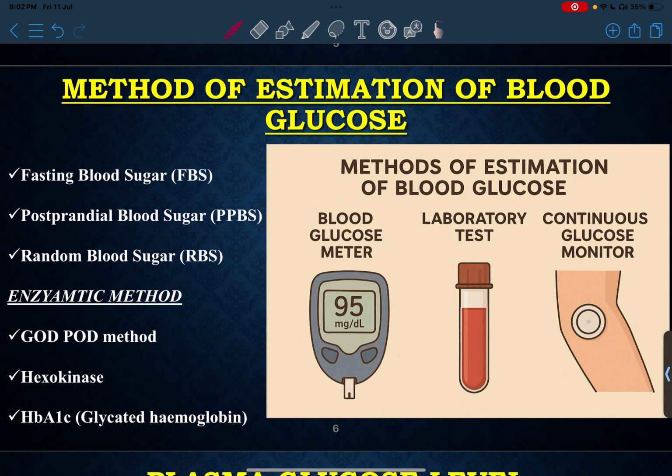So what are the methods of estimation of blood glucose? There are many methods, like fasting blood glucose. The normal level of fasting blood glucose is 70 to 100 milligram per deciliter.